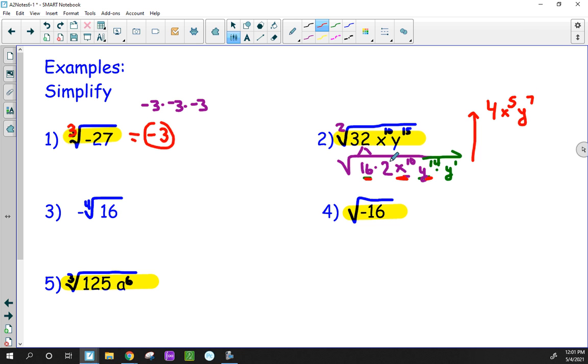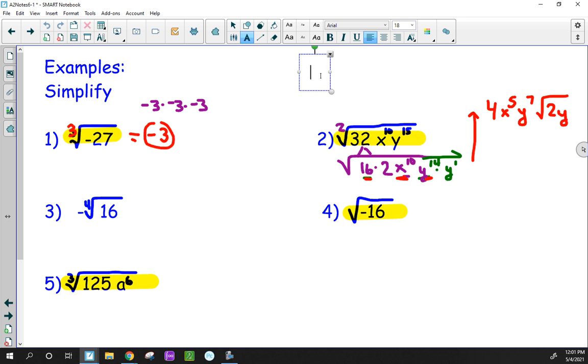Notice all the pieces I've underlined. And the parts I have not underlined stay underneath the radical. So the 2 is going to stay where it is, and also the y. Okay, so in your notes, you need to write down: divide power by index.